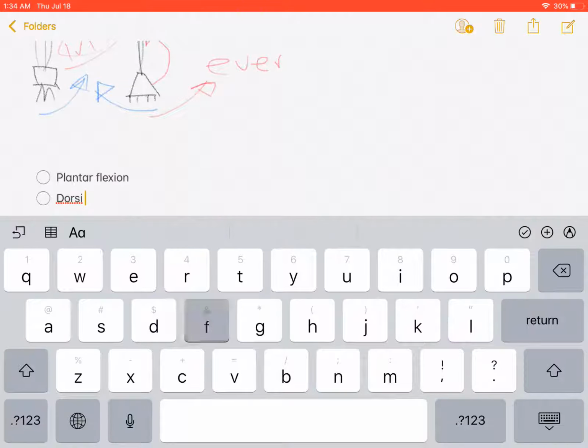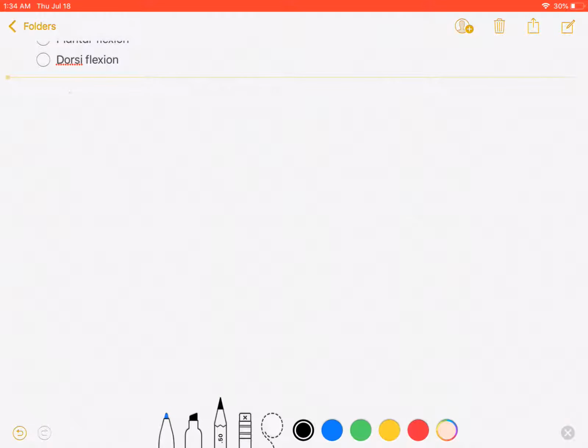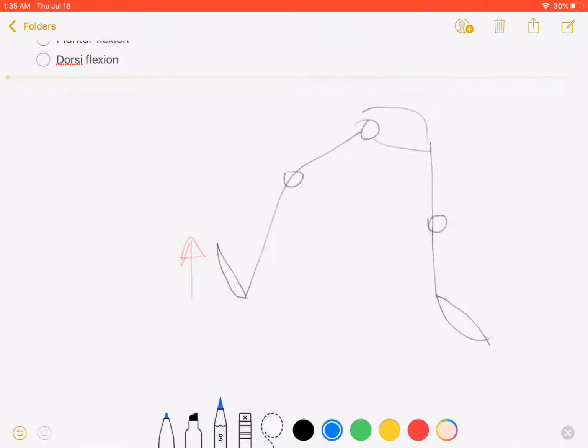Dorsiflexion, your feet are actually angled up. That's dorsiflexion. And if this helps, this is plantar flexion. Toes down. Okay. That's that.